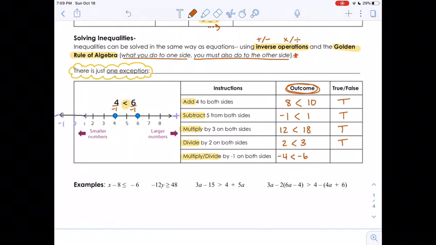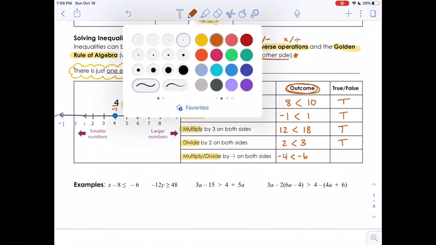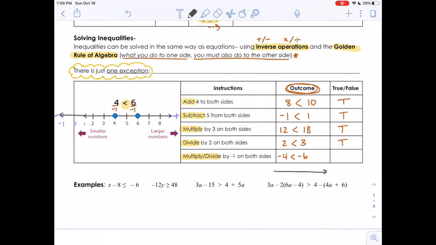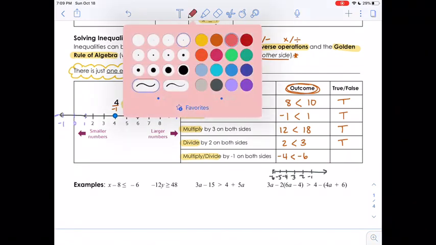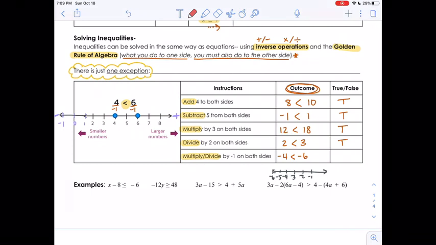So let's check out this statement. -4 is less than -6. Is that true? That actually is not true. If we look at it on a number line, and we have -1, -2, -3, -4, -5, -6. -6 is down here, and -4 is up here.